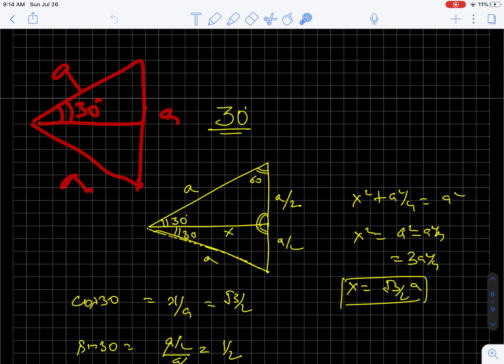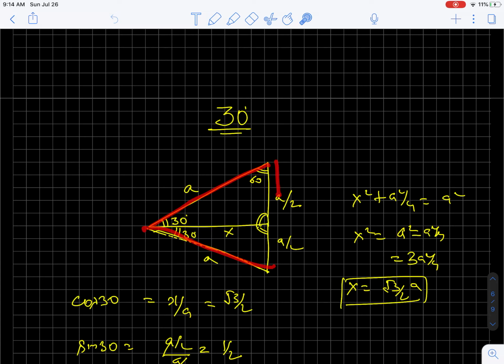This angle is 30, this side is A by 2, and this side is A by 2, and the full side is A. You can find the value of x with the help of the Pythagoras theorem. Now we are doing the same thing here. This is A, this is A, this is A, and the perpendicular bisector is also the angular bisector. Then can we find the value of x?